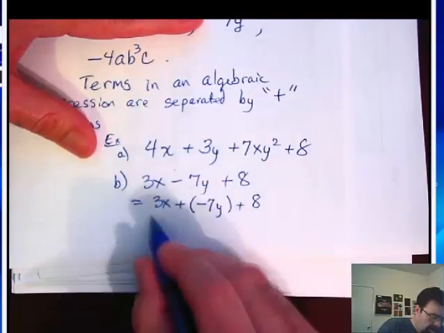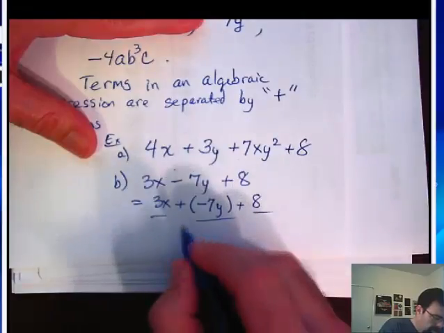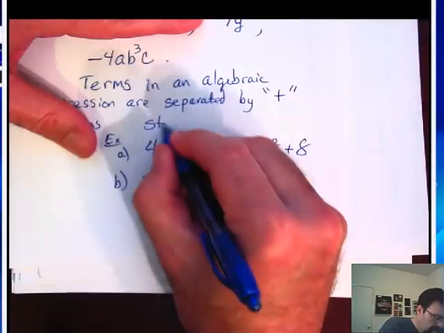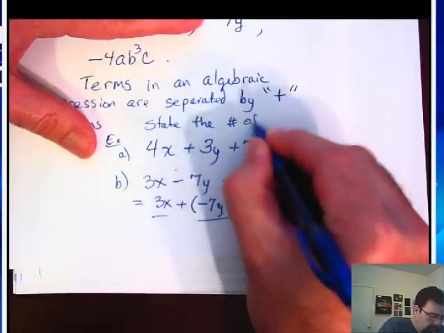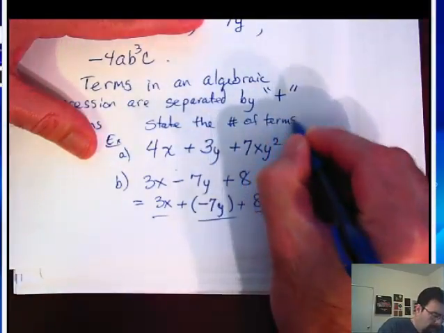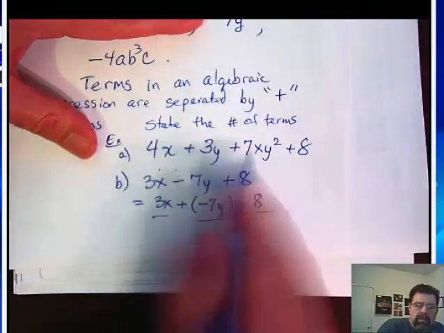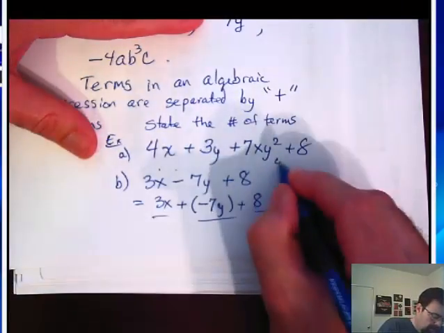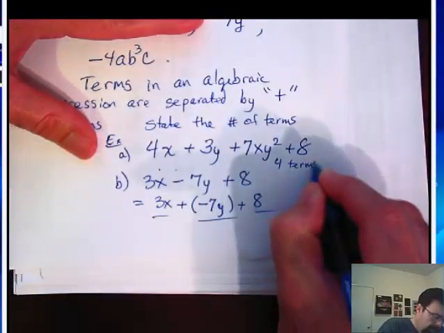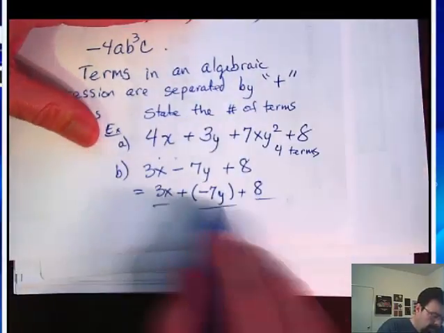And you see there's 1, 2, 3 terms. So let's state the number of terms. This has 1, 2, 3, 4 terms. And this has 1, 2, 3 terms.